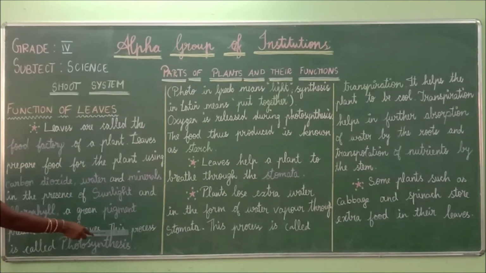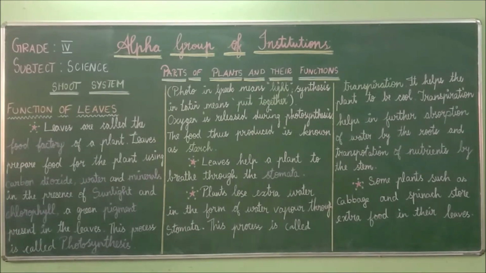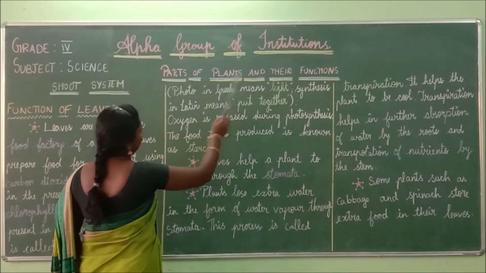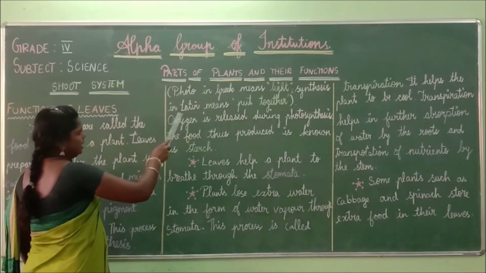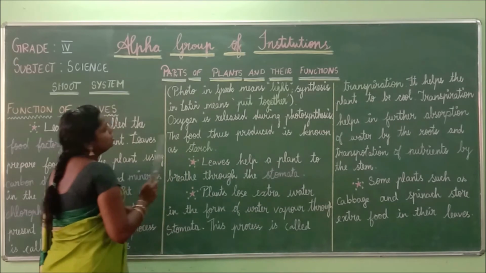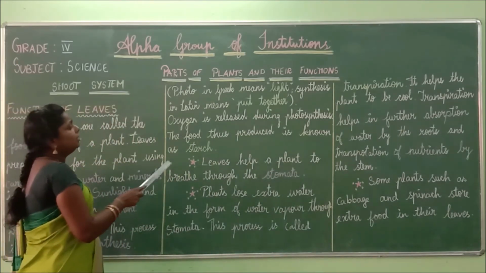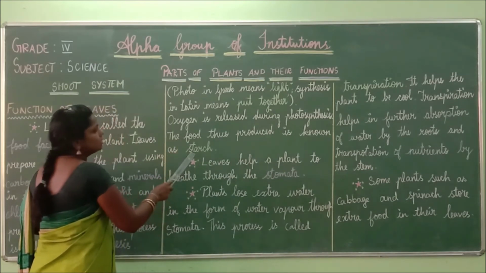This process is called photosynthesis. Photo in Greek means light and synthesis in Latin means put together. So in the presence of light we put all these things together and make food which is known as starch.